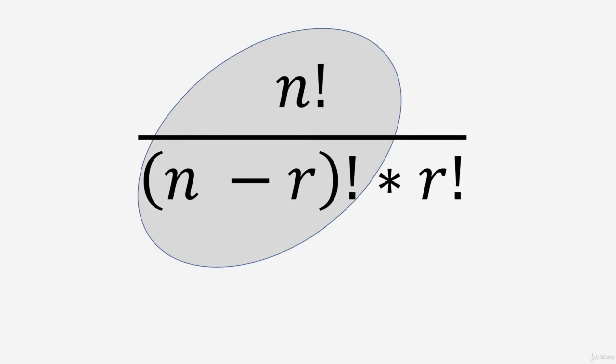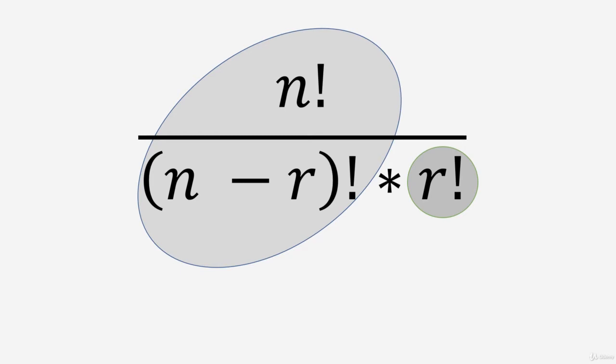Why? Well, that is basically k permutation over n, right? It is the same formula, but this time we also need to get rid of all the cases where the only difference is in order. And we will do that by multiplying the down part of fraction with r factorial.